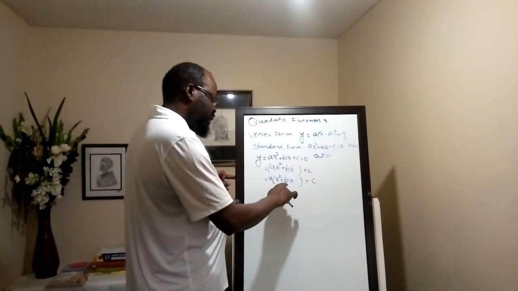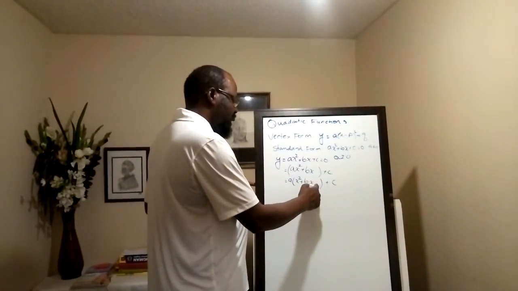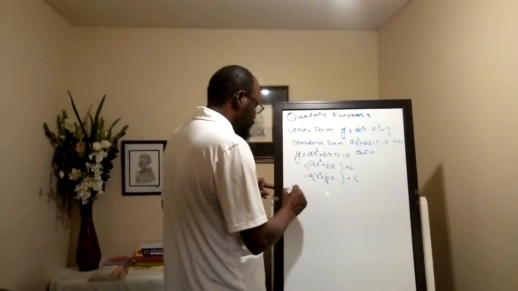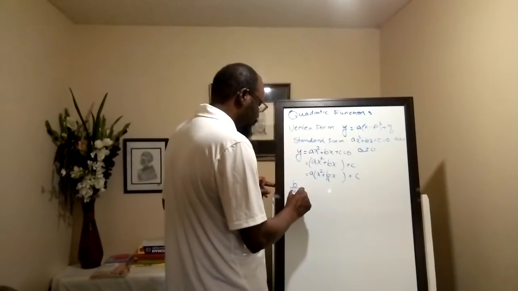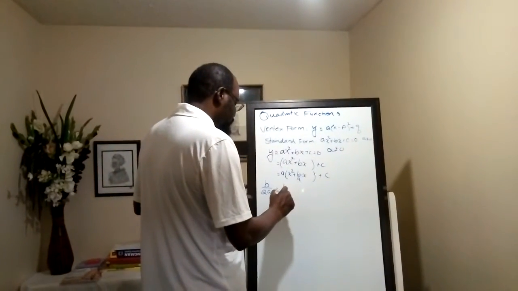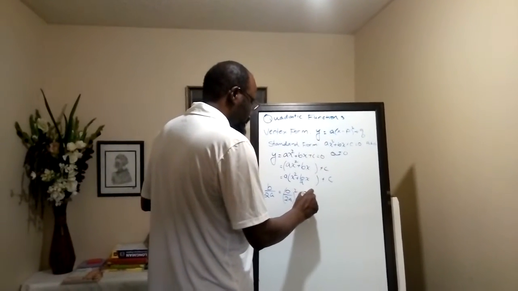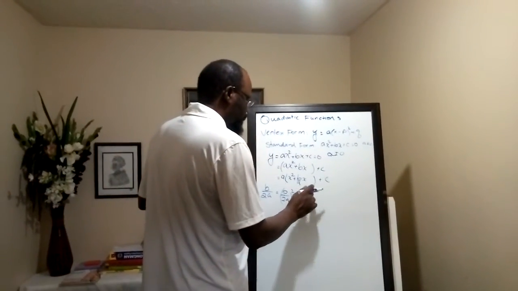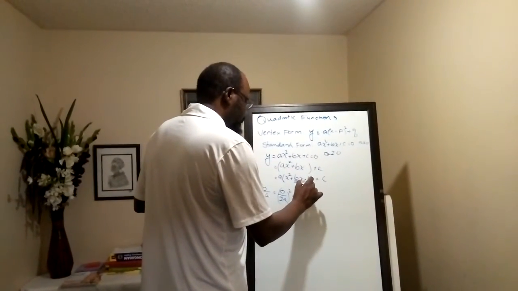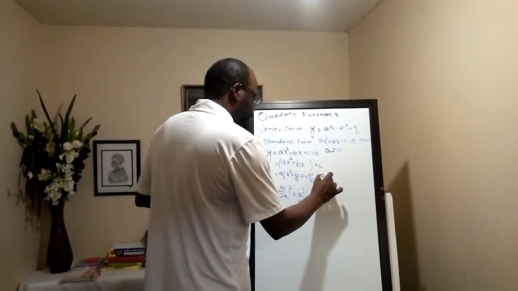Now we complete the square on this part. To do that, you divide the coefficient of x by 2, square it, add it here and subtract it there. That is b divided by 2a, squared, which is b squared over 4a squared. We add it inside the bracket, plus c.